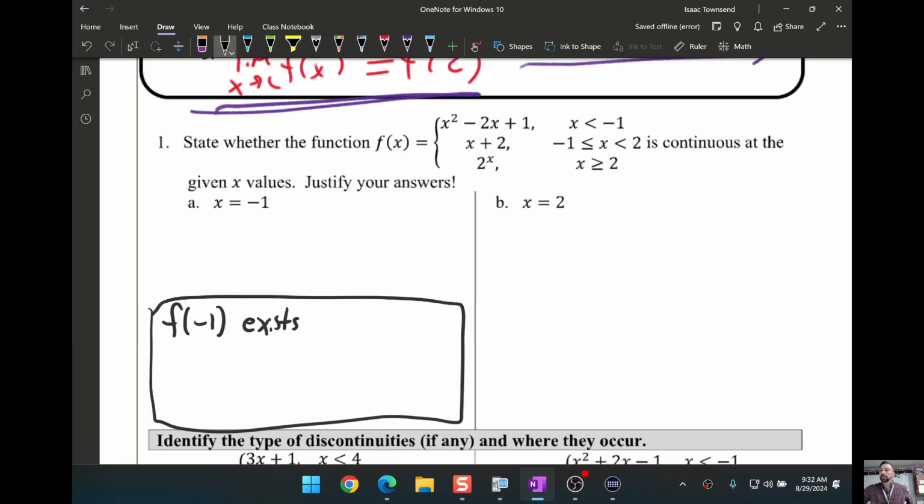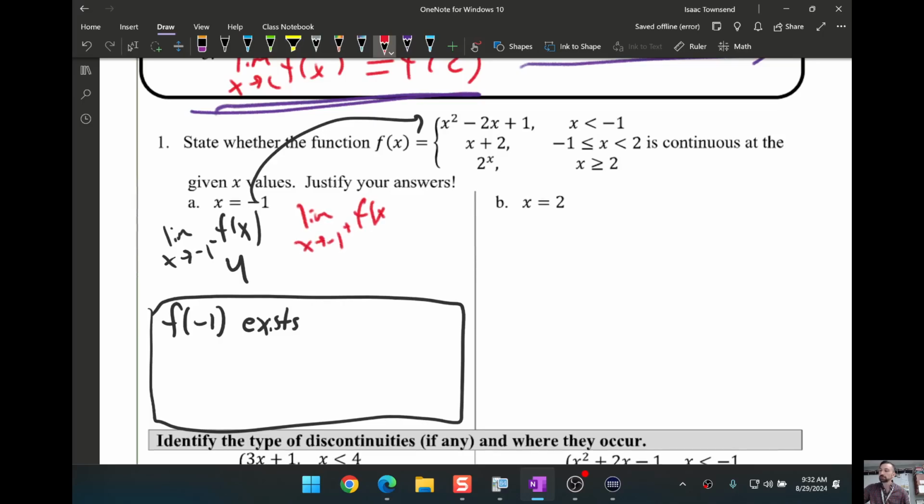So the limit as x approaches -1 from the left would go in up here. -1 squared plus 2 plus 1 would be 4, versus the limit as it approaches -1 from the right, which would be -1 plus 2, which would be 1.